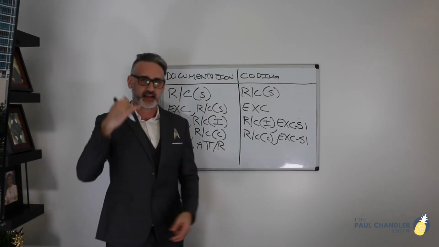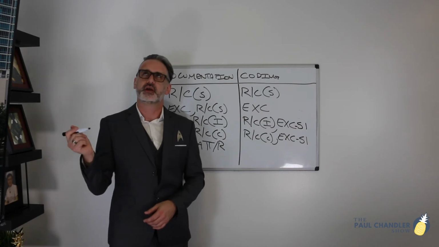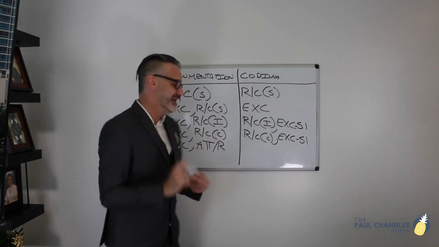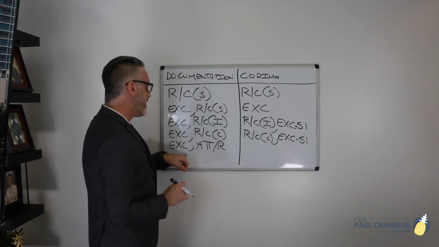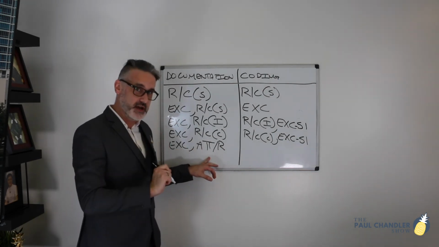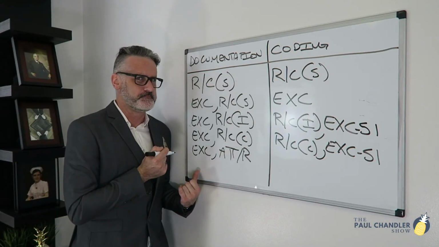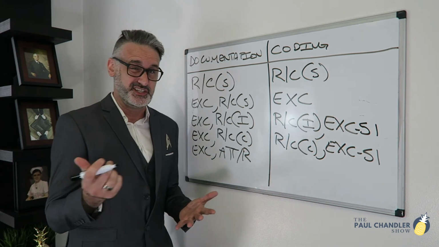Not ATT as in like, hello, can you hear me now? That's the other one. That's the one with the check mark. The globe one, the blue globe. So not that ATT. Adjacent tissue transfer rearrangement. If the doctor closes it up that way, this is where it gets weird. We do not code the excision. We only code the adjacent tissue transfer.